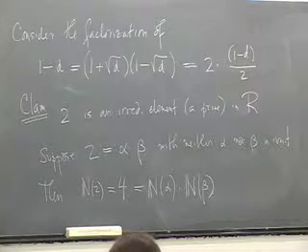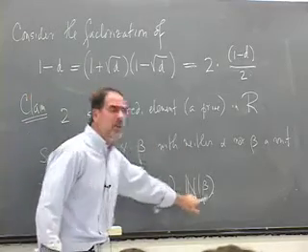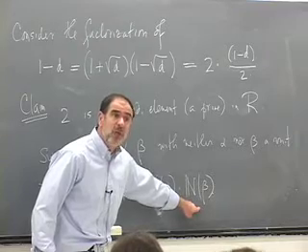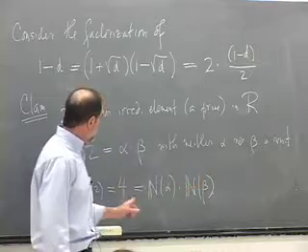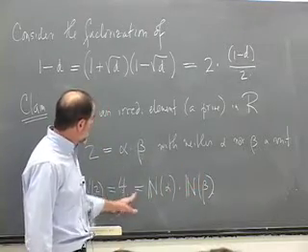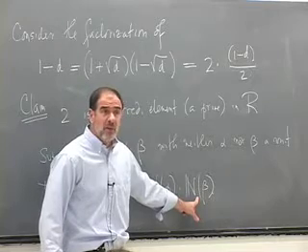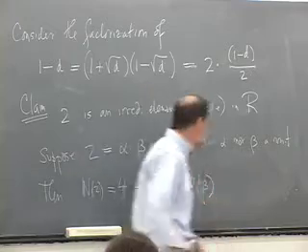Now, if alpha and beta are not units, what do we know about their norms? Not equal to plus or minus 1, or in this case, not equal to plus 1, because the norm is positive. So here we have 4 written as the product of two integers, neither of which is 1. What does that tell us about the norm of alpha and beta? They have to be 2.